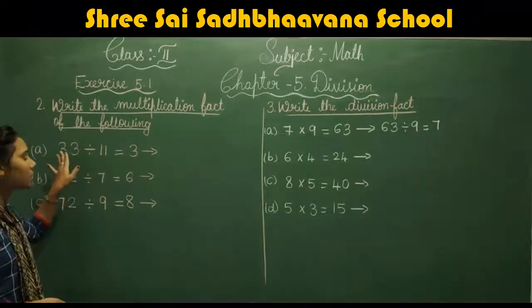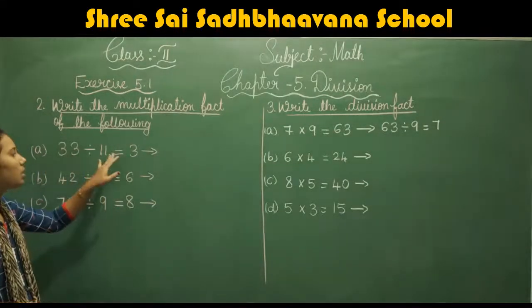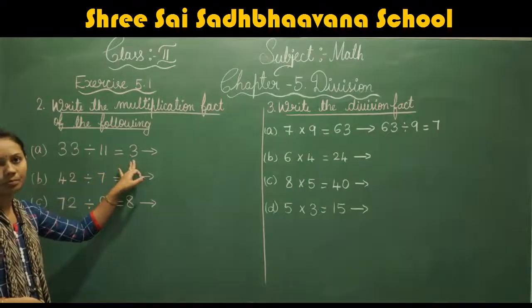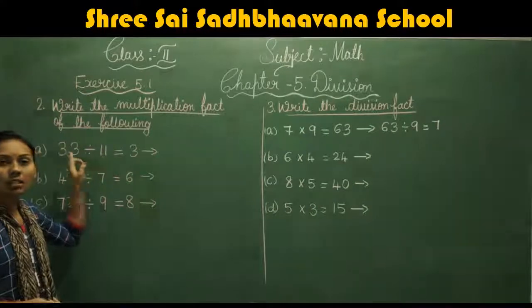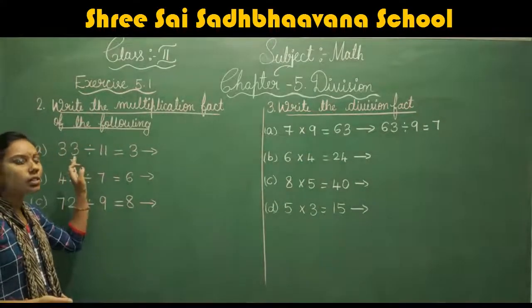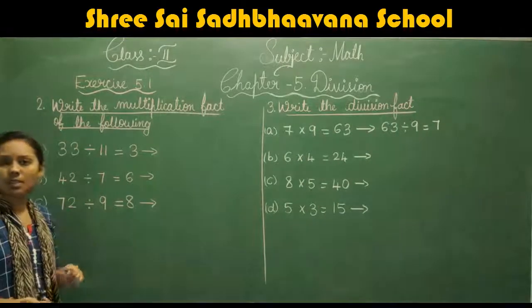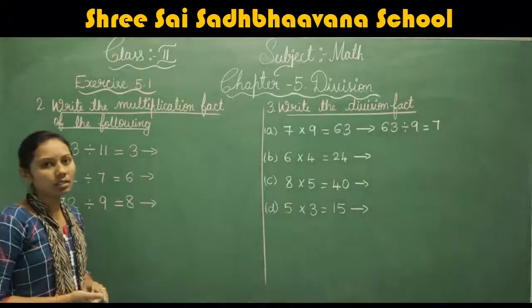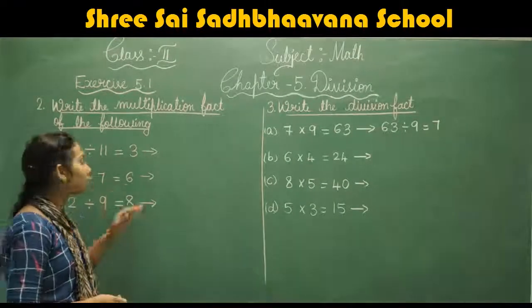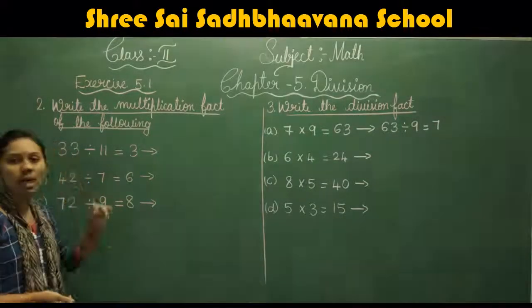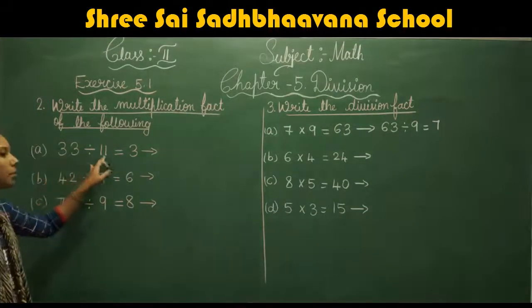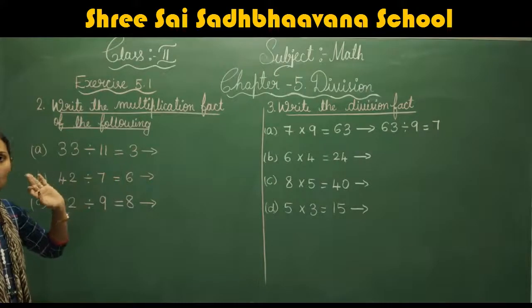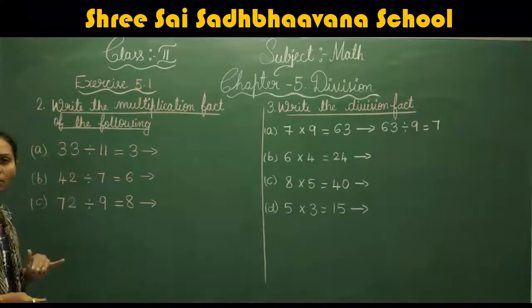When you divide 33 by 11, you will get the quotient 3. 11 3s are 33. So 33 goes 3 times in the 11 table. So 33 divided by 11 is equal to 3. This is your division fact.